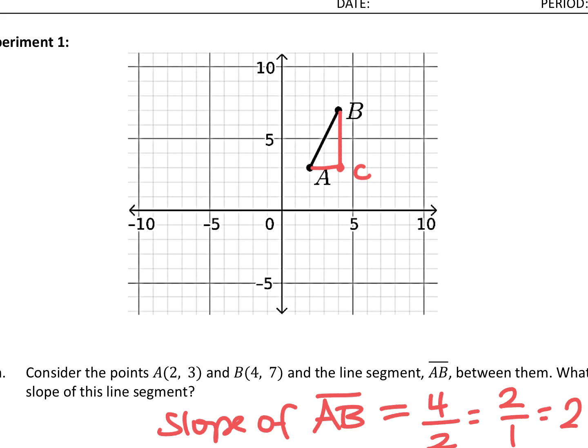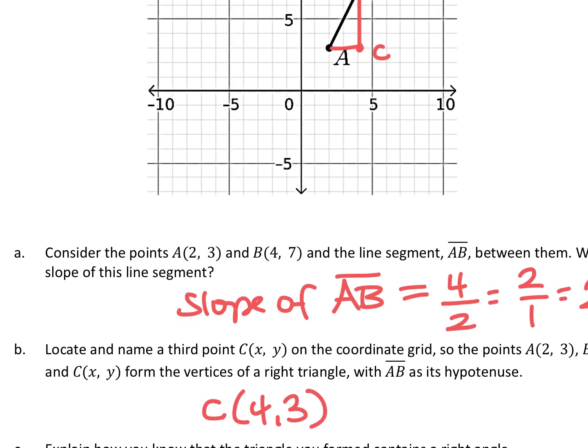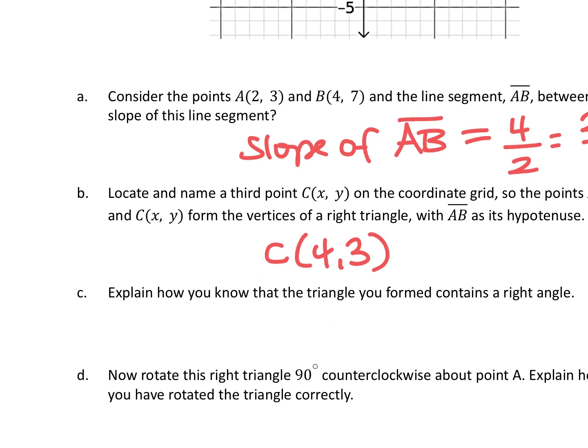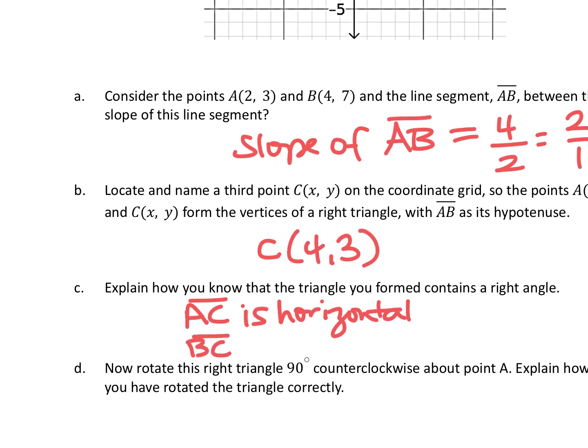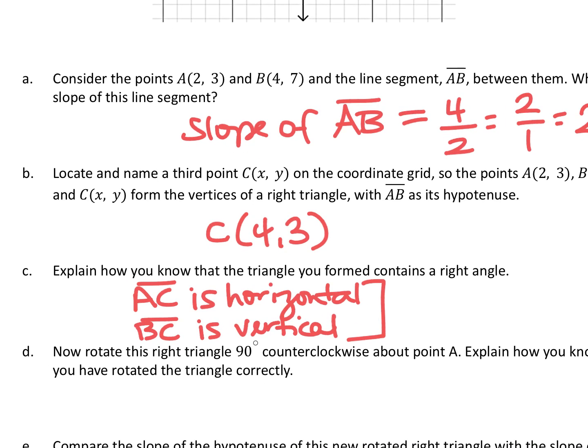So that's enough proof to me that we've created the right triangle correctly, because line segment AC is horizontal, and line segment BC is vertical. And because we constructed it that way, we know that this forms a right angle.